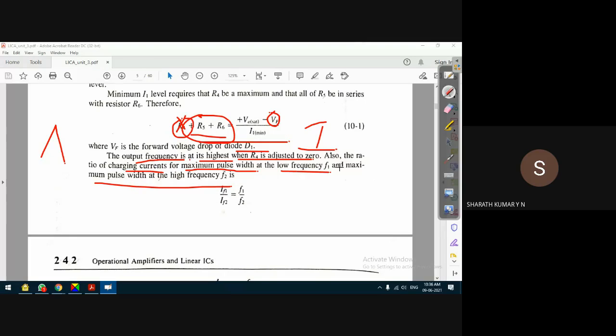IF1 corresponds to the lowest frequency F1, and IF2 corresponds to the current for the highest frequency F2. The highest frequency F2 comes into picture for the smallest value of resistor R4, and for the larger R4, the frequency will be F1. Very simple.